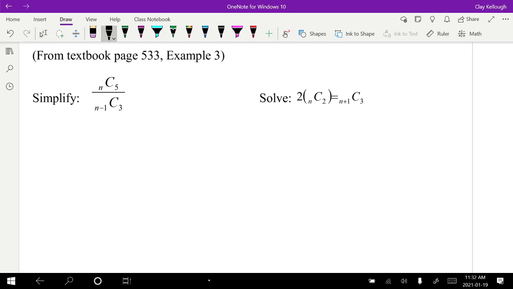That's going to be n factorial over (n minus 5) factorial times 5 factorial, divided by (n minus 1) factorial over (n minus 1 minus 3) factorial, 3 factorial. Okay, I'm going to do two moves at once here. Move number one.